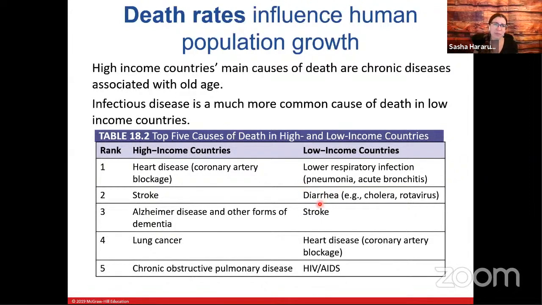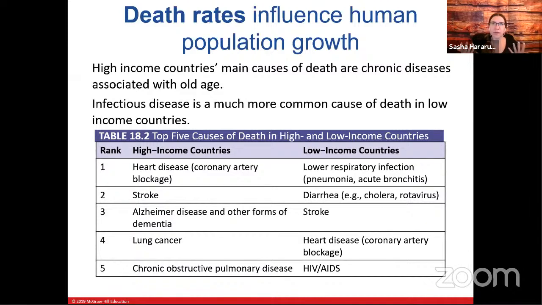Now, diarrhea is number two. So basically, the top two causes of death in the low income countries are deaths that are preventable with the use of antibiotics. So in low income countries, the top two causes of death are preventable, and they describe the lack of access to medical services, or in some cases quality of water, and maybe even education.